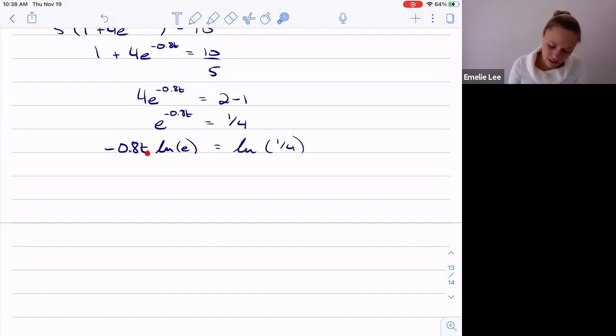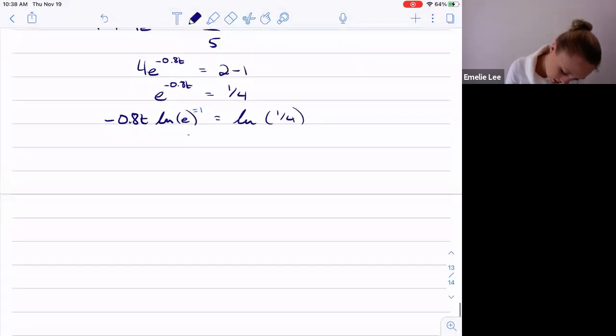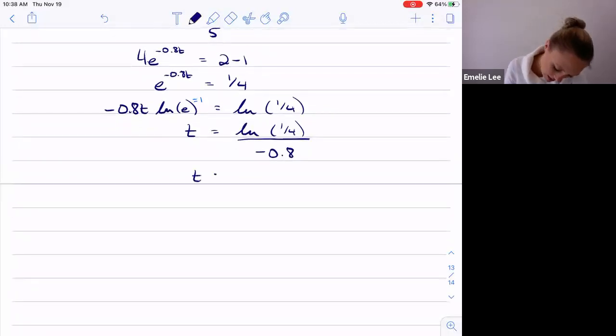Trying to solve for t, right? Log of e is 1. Okay. So what we get is t is the natural log of 1 over 4 divided by negative 0.8. So t is approximately, and you can break this up, right?